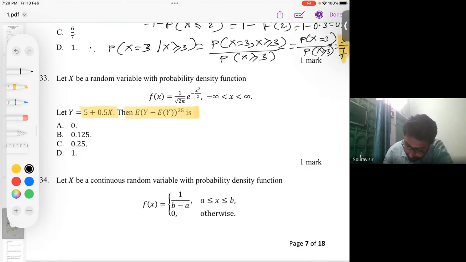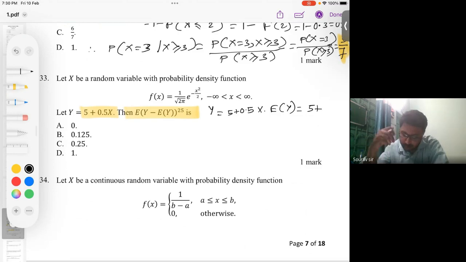To solve this, let's write this equation again. Y is equal to 5 plus 0.5x.